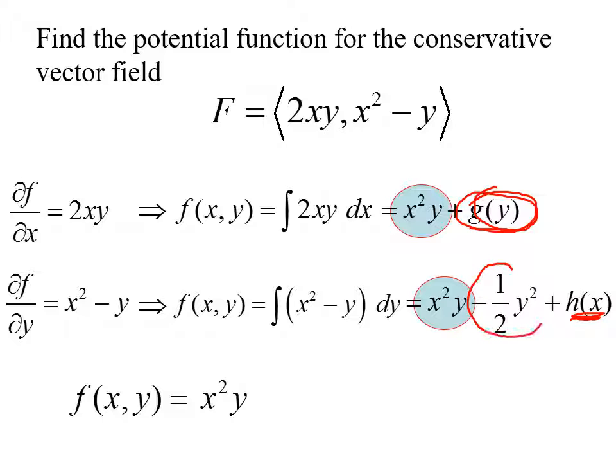And sure enough, here is the function of y that's specified in the other one. And so there's our potential function. This is just going to be some constant. There's no more x's involved, or they would have come out in our integral in step 1.